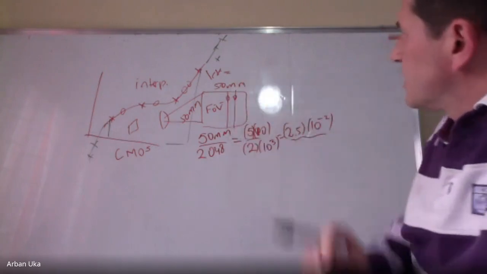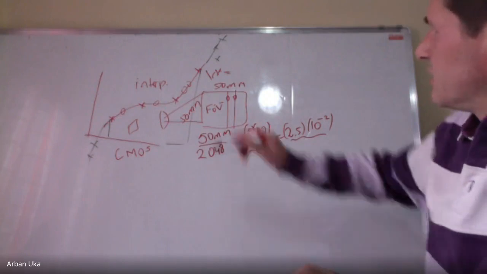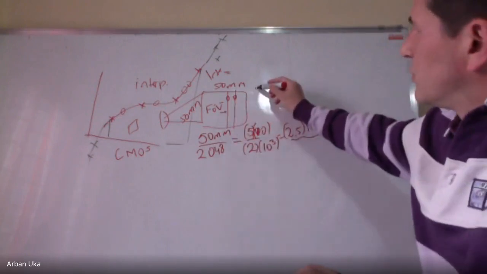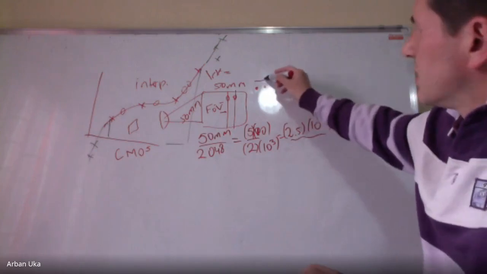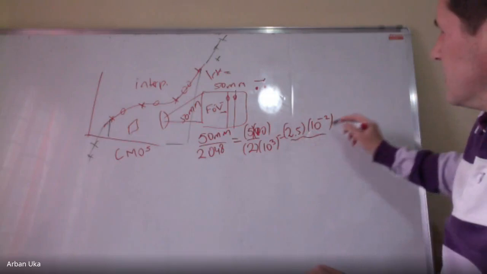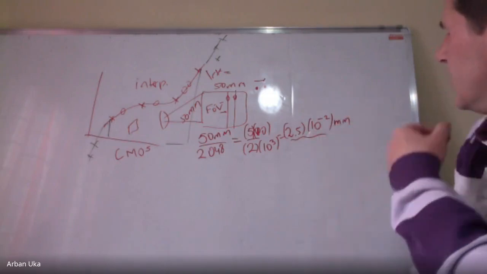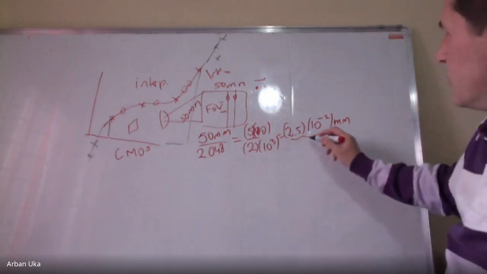So this is how much we can really determine. If we have 2 features closer than 2.5 times 10 to the power minus 2 millimeter, we cannot resolve them.